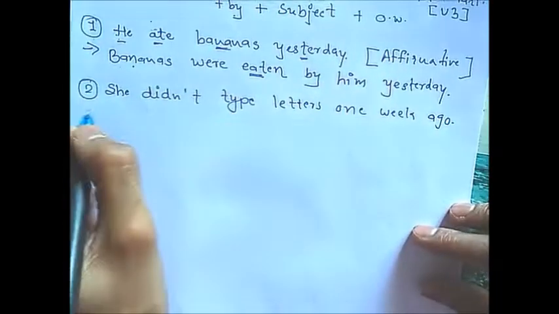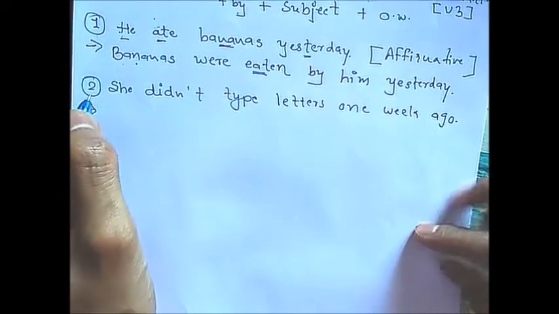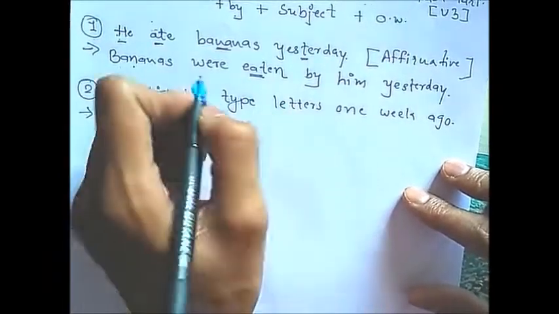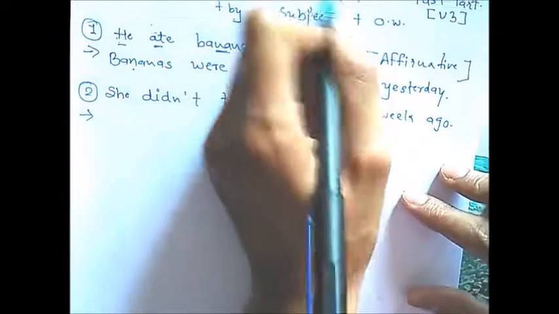This is your negative sentence. If a negative sentence is given to you, what you have to do is simply add not with was and were.